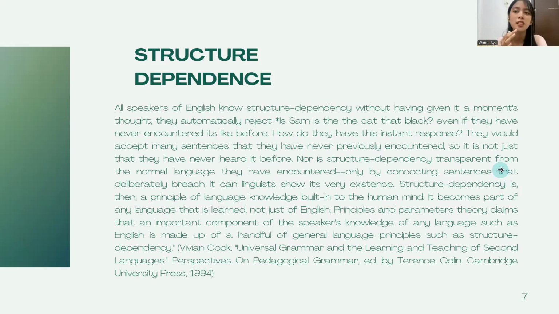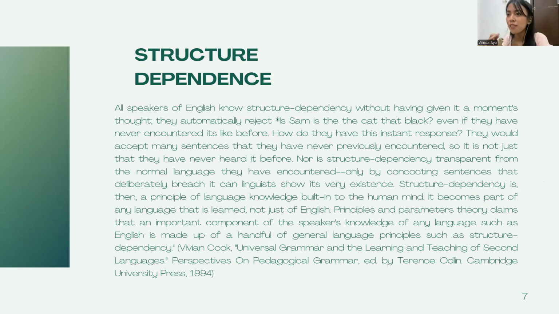All speakers of English know structure dependency without having given it a moment's thought. They automatically reject "Is Sam is the cat that black?", even if they have never encountered it before.